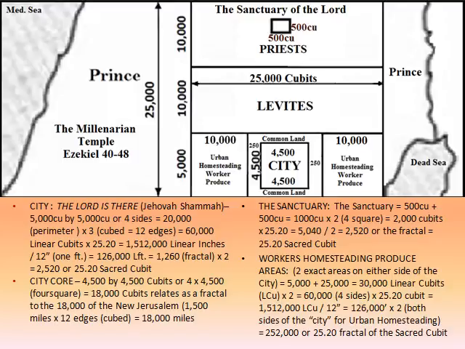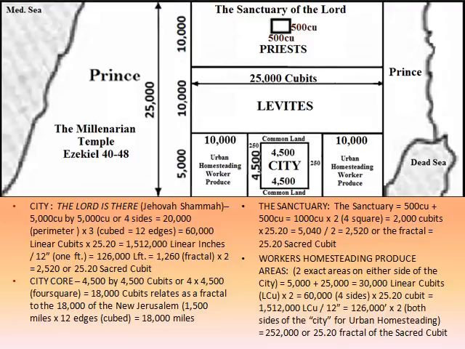Divided by 12 inches, or 1 foot, would equal 126,000 linear feet, which would equal 1,260, its fractal, times 2 would equal 2,520, or the 25.20 sacred cubit itself.